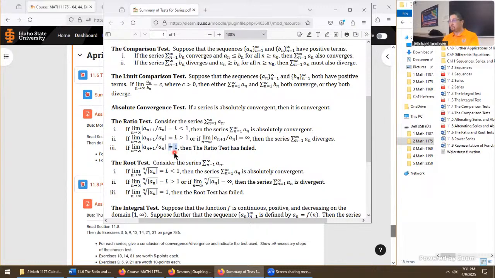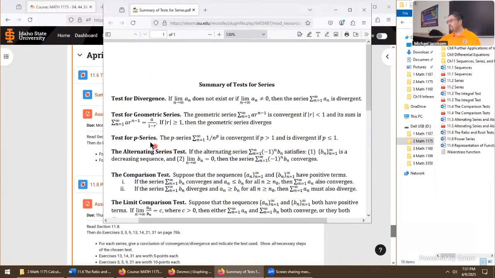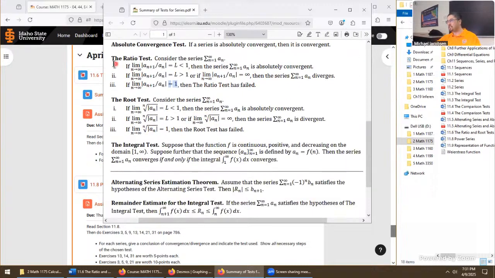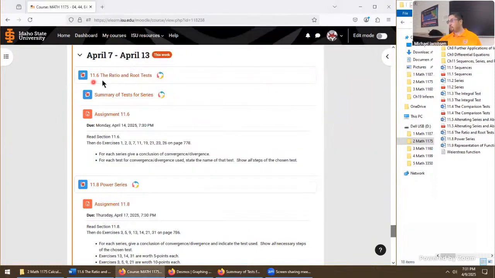We have a variable x in power series, and so the test is going to be relative to what x values take. Because the ratio test is inconclusive on one spot, we resolve the inconclusivity by all of these other tests going right back on the table for power series. So it's a pretty interesting concept, but the good news is we start by using the ratio test and root test as our very first step. So that's a great tie into what we are working on just in 11.6.